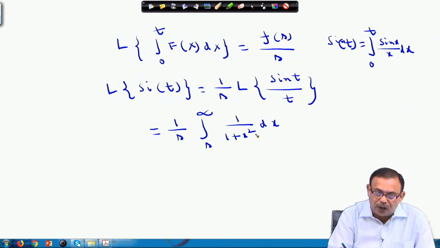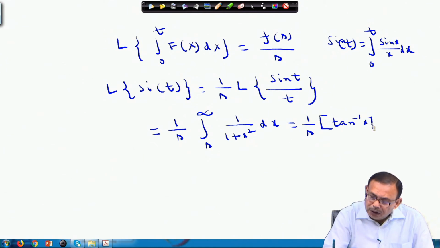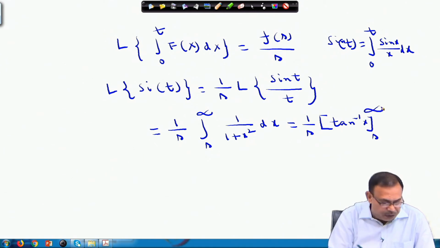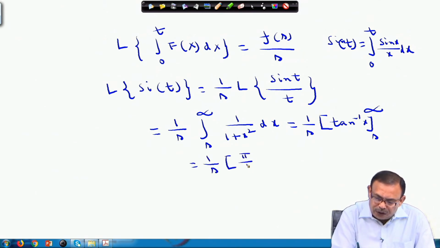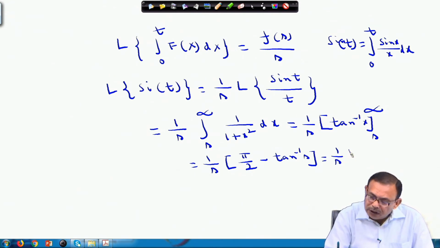So this will be 1 by 1 plus x square dx, and this is nothing but 1 by s into tan inverse x, where the limit is from s to infinity. If we put infinity, it will be pi by 2 minus tan inverse s, and this I can write as 1 by s tan inverse 1 by s.